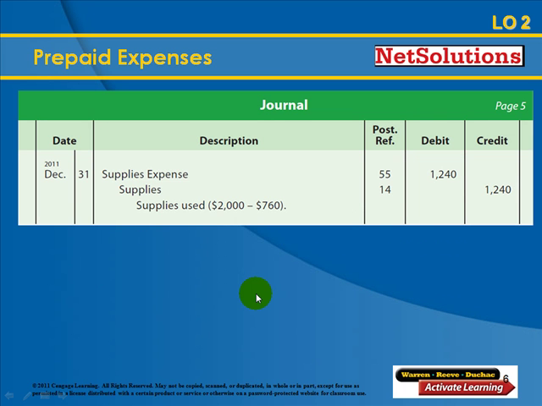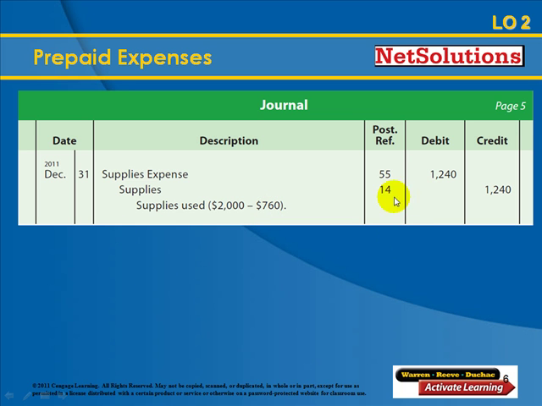So let's go ahead and journalize this. The adjusting entry to adjust the supplies account would be a debit to supplies expense for $1,240 and a credit to supplies for $1,240. Once this journal entry is posted to the ledgers, the supplies account will have a balance of $760.